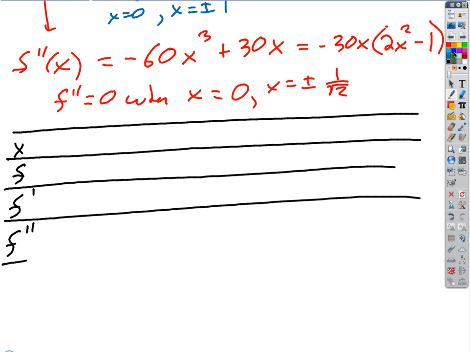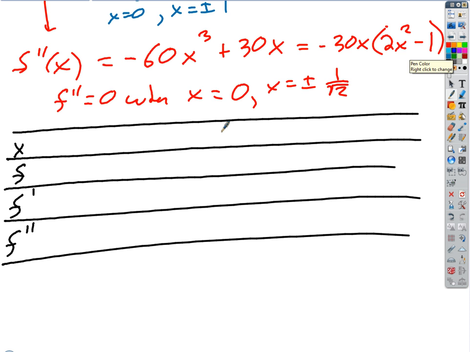Okay, so first derivative critical numbers were 0, -1, +1, right? And we had zeros of the first derivative. Second derivative critical numbers in between, right?